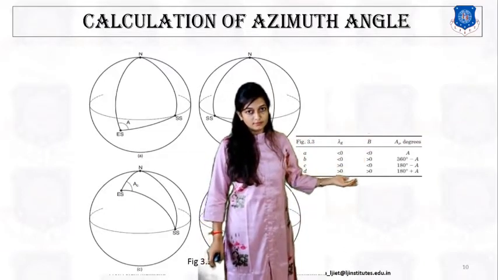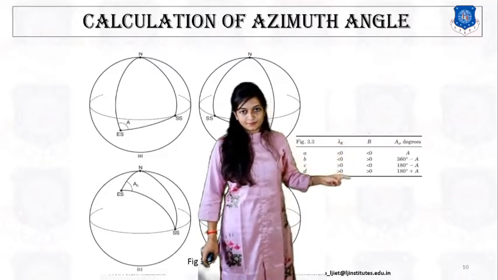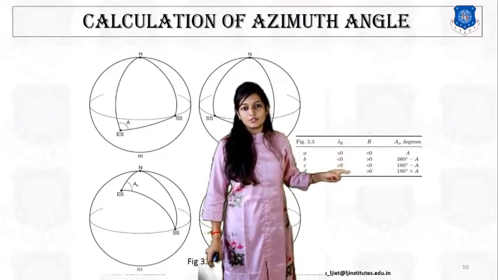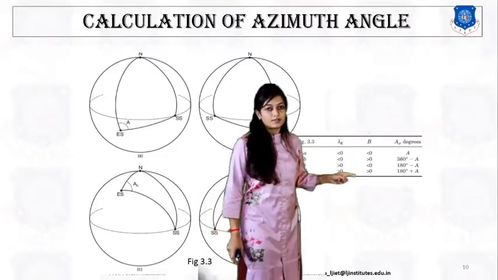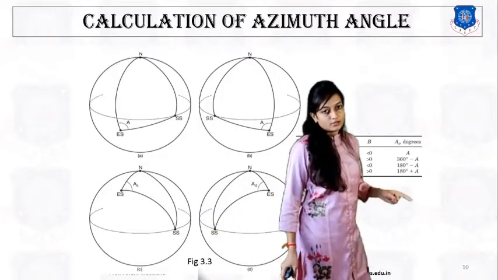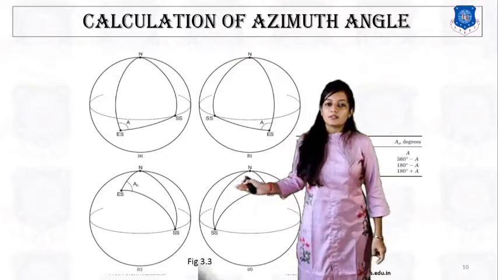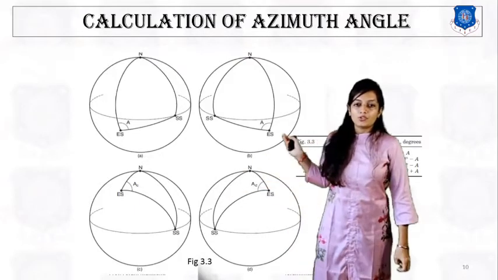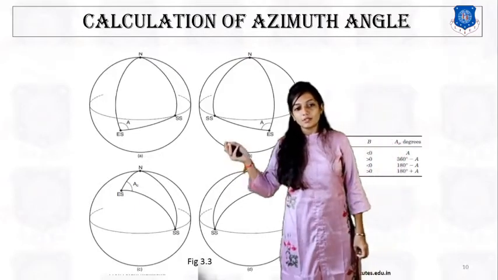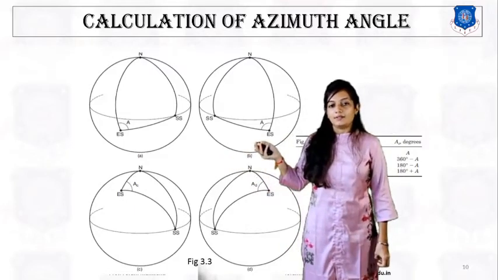Now case C. For lambda E, its value is greater than 0. Why? Because the sub-satellite point is towards east side, and for longitude, it is north side, alright.